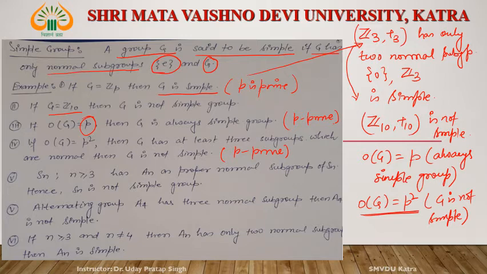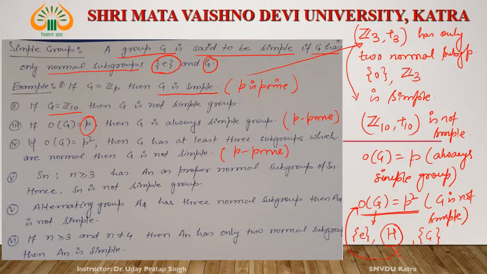Its normal subgroups are the identity and G, which are trivial, and one is H. The order of this H is p. Due to this H, this G is not simple. Okay.